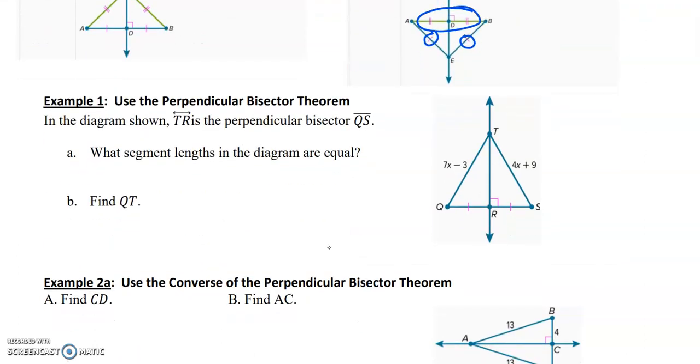So down here, TR is the perpendicular bisector, so that would mean that segment QT is congruent to segment ST. And so we can go ahead and set each of those equal to each other and solve for x in order to find QT.